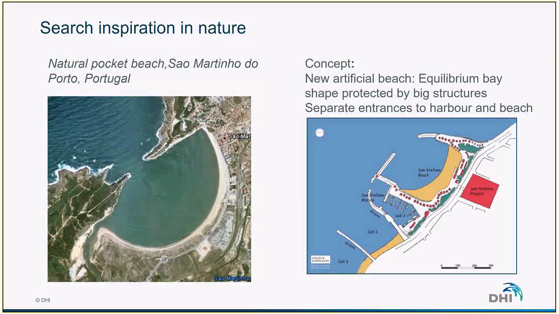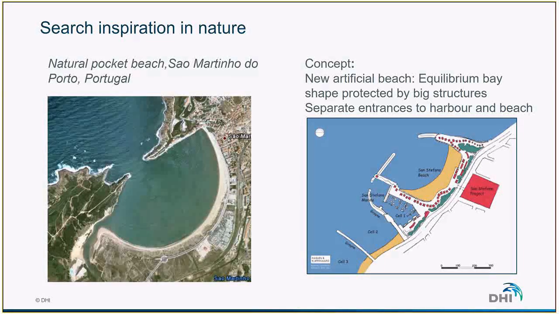Basically, what's been done is to search for inspiration in nature. What you can see on the picture here is a natural beach located in Portugal. And this shape has inspired the development and the concept for the new artificial beach, which is detailed on the drawing on the right. So basically we have an equilibrium bay protected by big structures and with a relatively small opening.